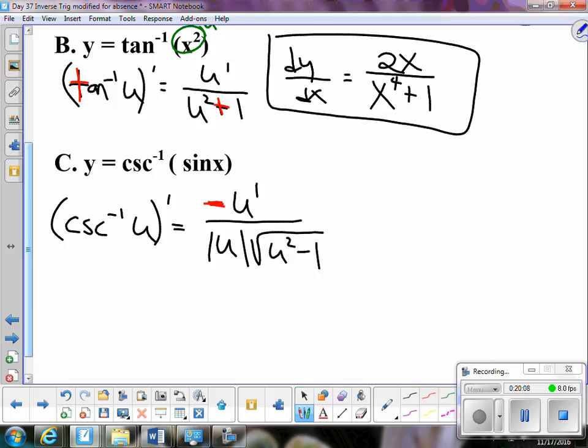It's easy once you know the formulas. Okay. U this time is sine x. So the numerator of our derivative has to be negative u prime.